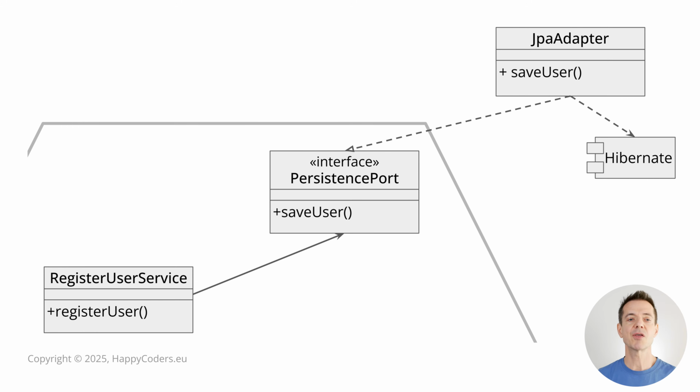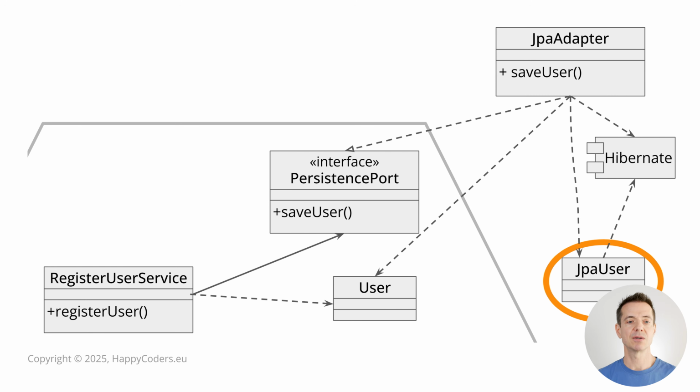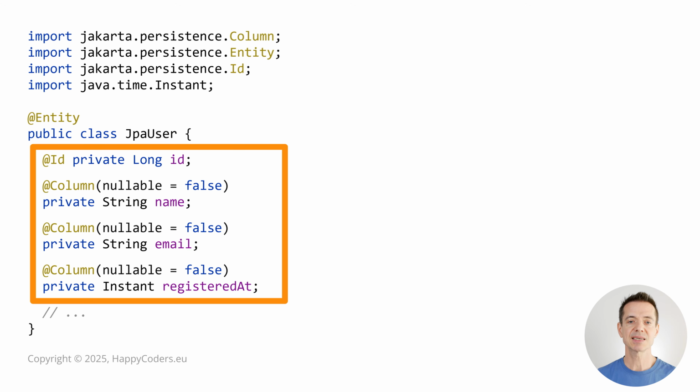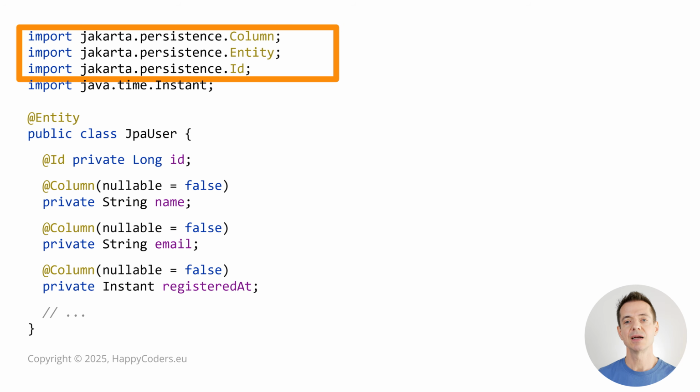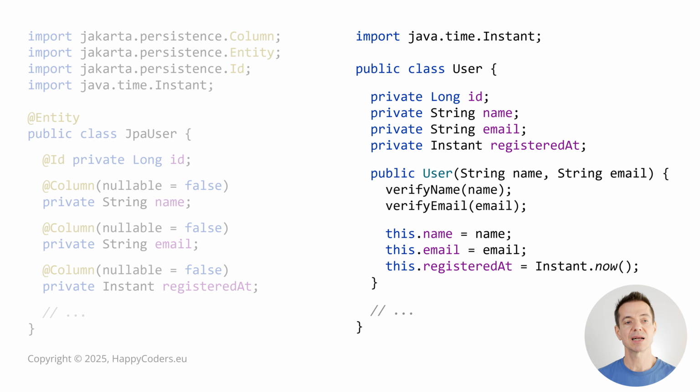With two-way mapping, there are two user classes. One in the application core and one in the adapter, which is now called JPA user to avoid confusion with the user class in the core. The JPA user class looks like this, essentially like the user class I showed earlier. It has annotated fields, dependencies on JPA, and usually getters and setters. The user class in the core, on the other hand, looks like this.